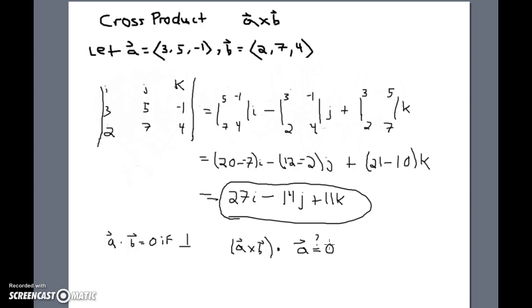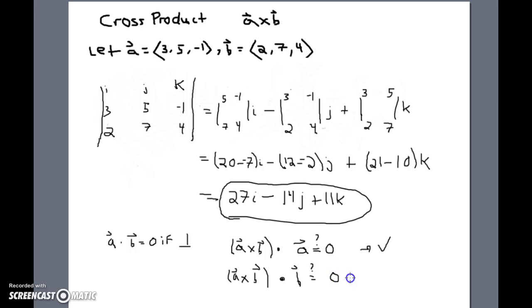So if we do the quick calculation, we get 0 when we dot it with vector A. And if we do A cross B with vector B, it should also be 0.